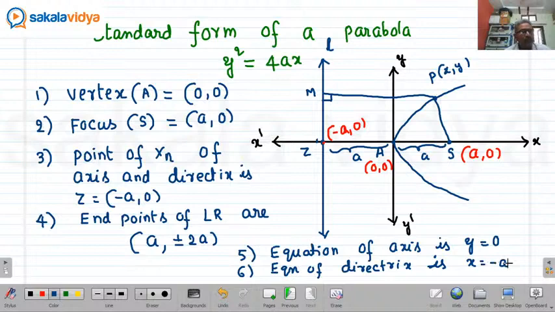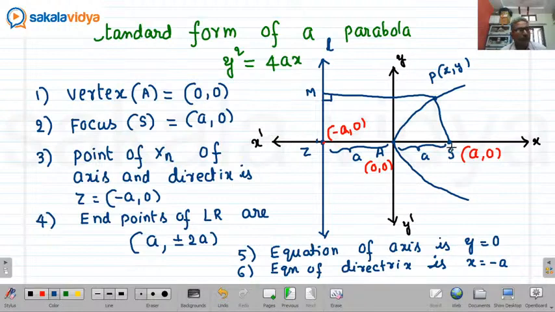Next, the y-axis is the equation of the tangent at the vertex, which is x equals 0. The length of the latus rectum is 4a.